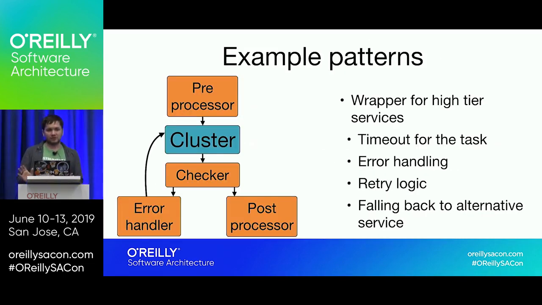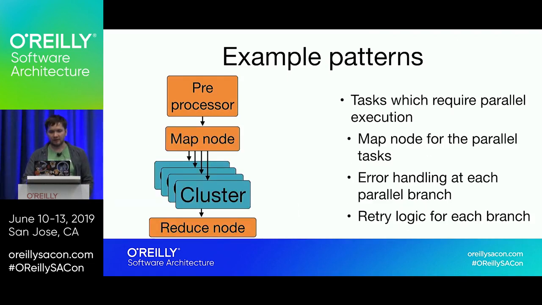Here are some example patterns that the combination of these services allows. First, if you have an old cluster, you can wrap it using an orchestrator and lambdas, and add timeout, error handling, and retry logic, enhancing the workflow that happens on the cluster. Second, you can parallelize the workload that happens on the cluster and make custom logic for each branch.